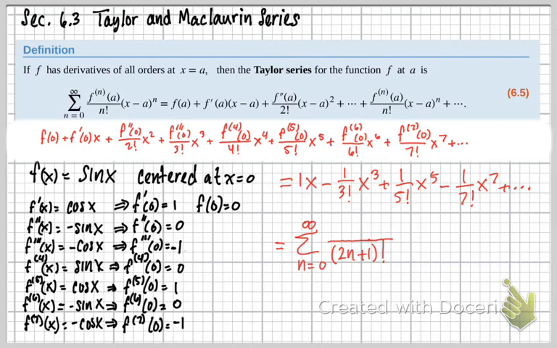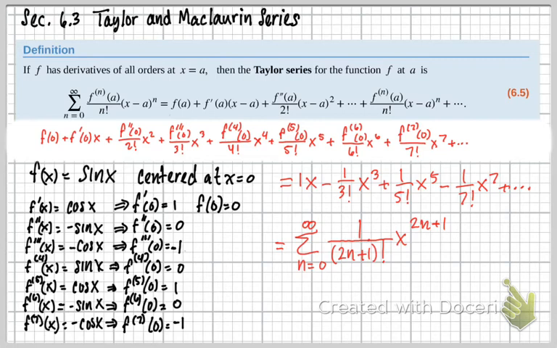When I plug in a 0, I get a 1, so 1 factorial is 1. Then when I plug in a 1, that's going to give me 3 factorial. Yep, that would work on the bottom there. And it's just going to be a 1 on top. Then this x is going to be to the 2n plus 1 as well. Let's try this.